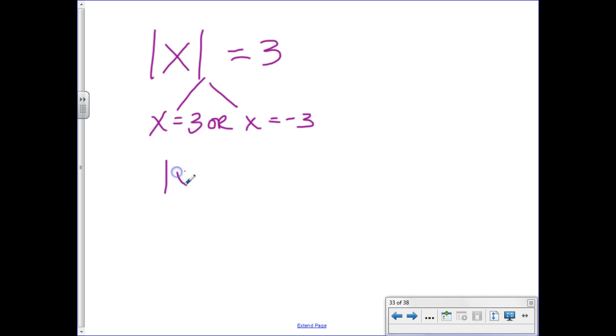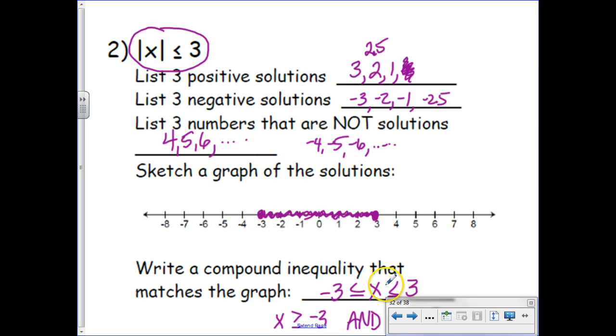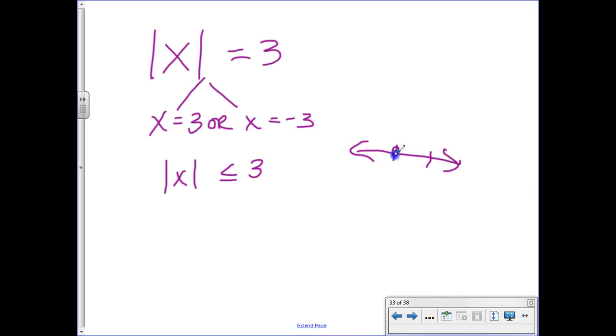Now this time, with this inequality saying less than or equal to 3, you saw what the graph was. The graph just had this chunk right here in the middle, between -3 and +3, and it was everything in between. So when we have the inequality symbol, yes, we're going to split it into two cases.